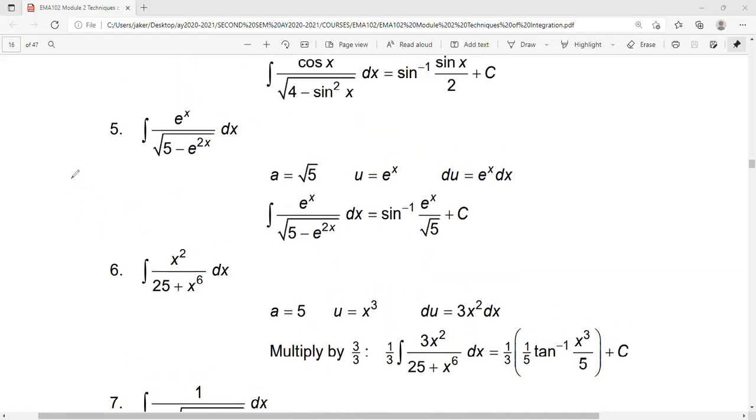So your a here is the example wherein a squared is not a perfect square. So your a is square root of 5. Your u is e raised to x because this one is already squared. The du is e raised to x dx. This is your du.